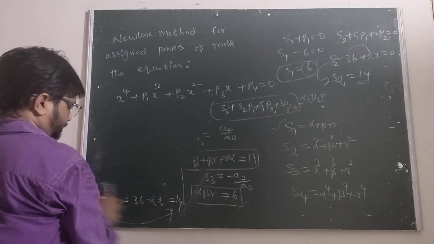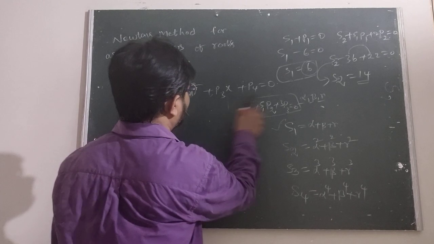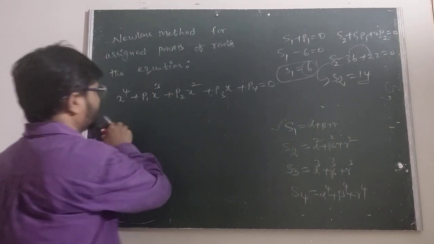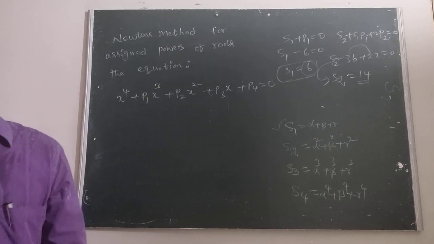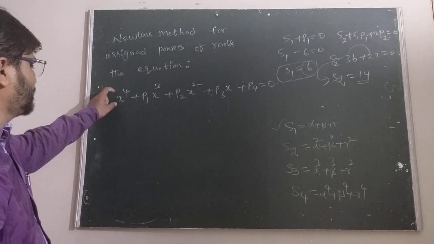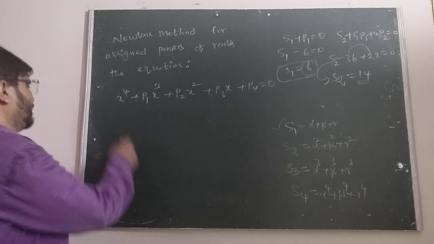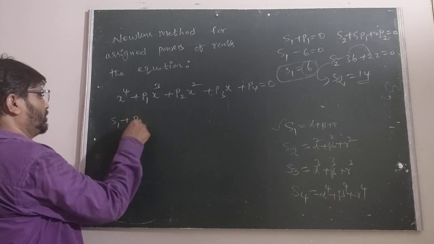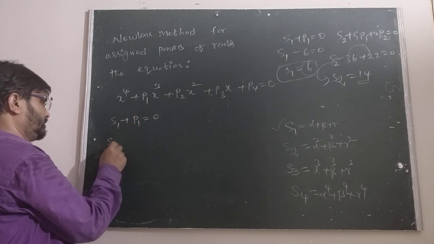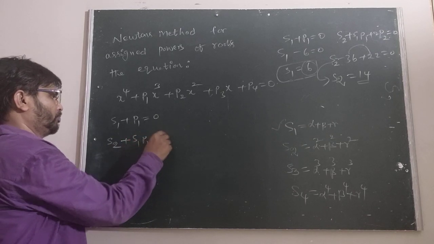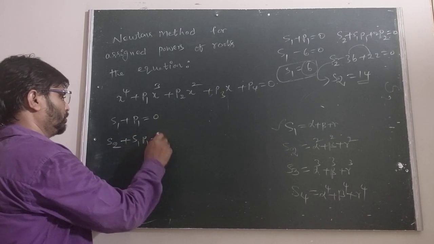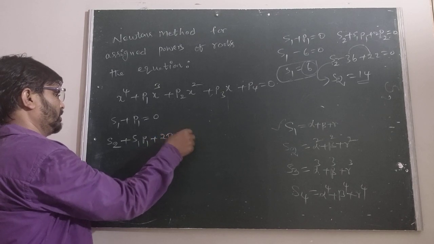Now we are going to the formulas. If we are taking an equation of degree 4, first we find S1 plus P1 equal to 0. Then you can write S2 plus S1 P1 plus 2P2 equal to 0.